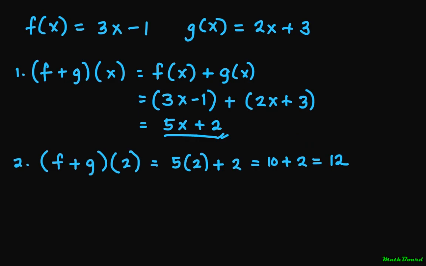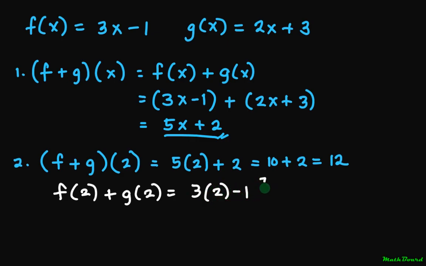Also, you can solve this by getting the value first of f of 2, then you add this to the value of g of 2. And we have, what is our f of 2? So 3 times 2 minus 1, that's our first, plus the g of x, which is 2 times 2 plus 3.